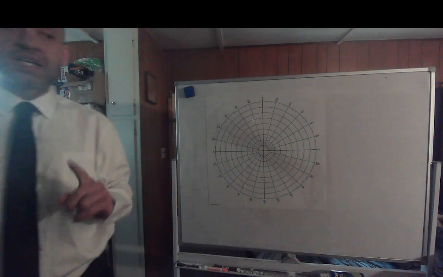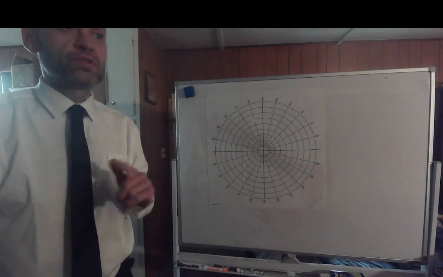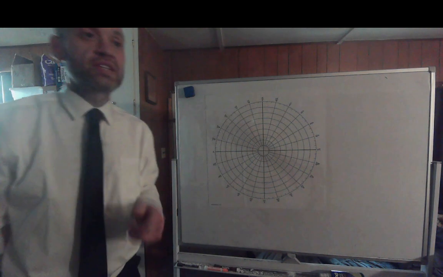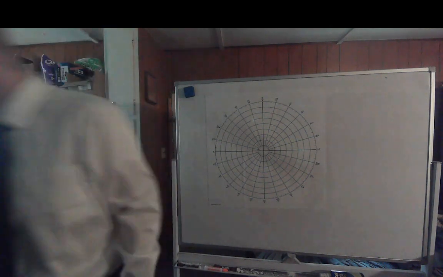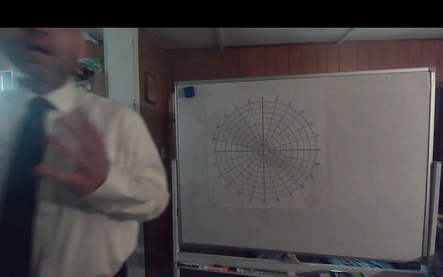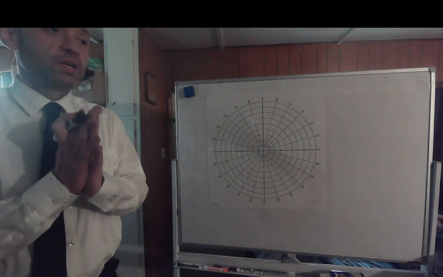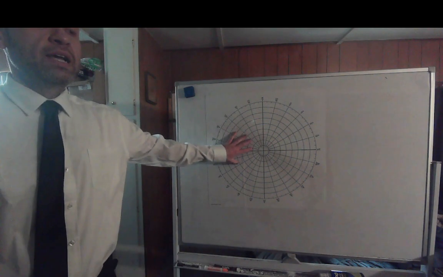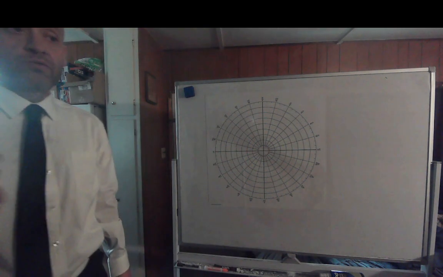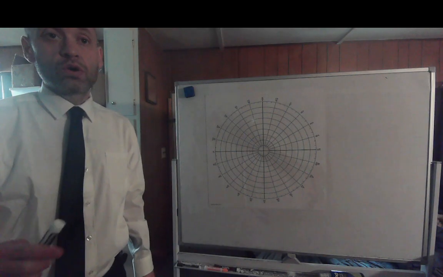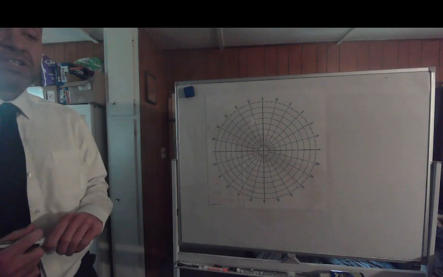But you notice the common theme is your radius is going to stay the same number whether it's positive or negative. You get the same radius, just your angle might change based on that. But okay, so we've talked about just plotting. Now, you can actually convert between rectangular and polar coordinates, and we're going to talk about how to do that.